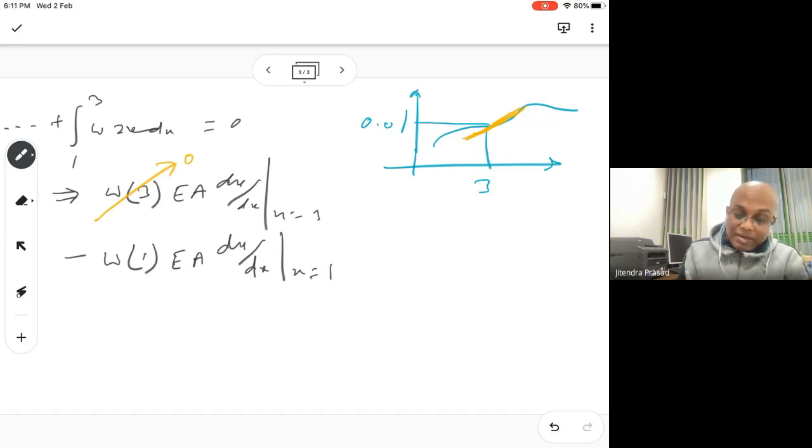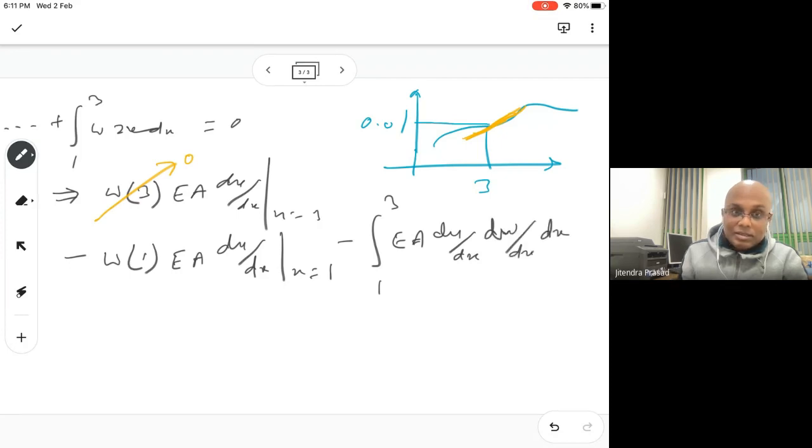Then we have minus the integral from 1 to 3 of EA du over dx, dw over dx, and then plus the integral from 1 to 3 of 2x w dx, all equal to 0.